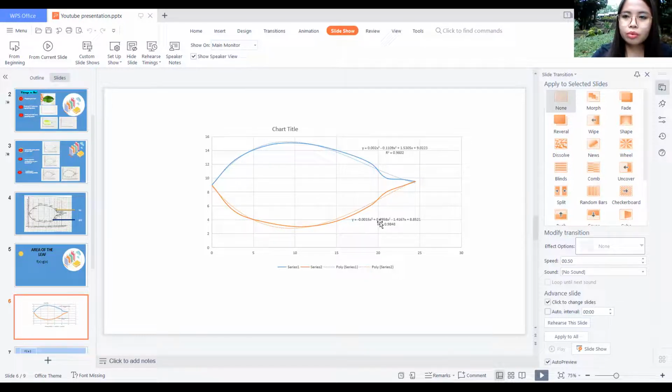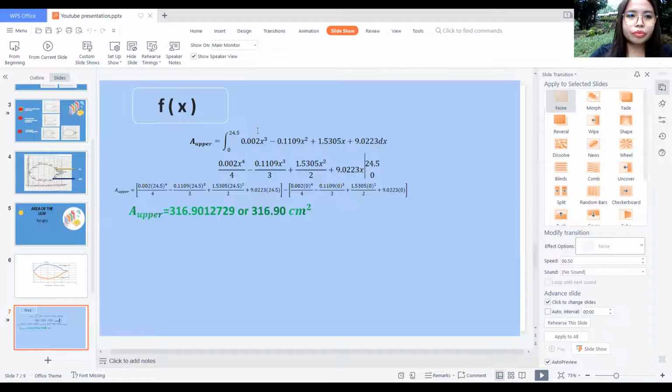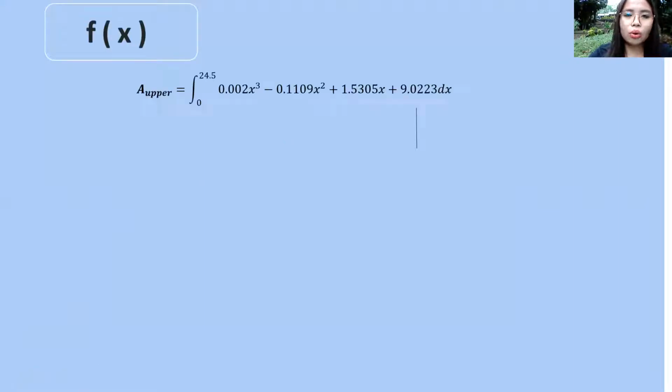So this time we'll have the integral model. Based on our equation, we have here the integral model of our f of x.